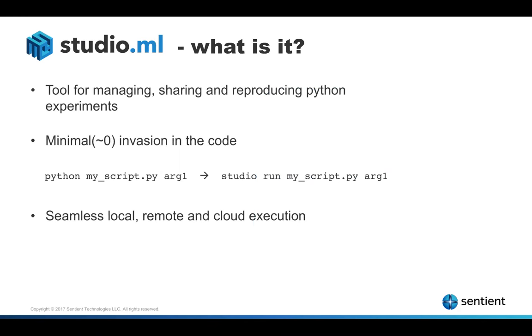So really, I'll be doing a live demo so you guys will see, but it should be as simple as, you know, you have a script, you run python myscript.py, you type in the arguments. All you have to do is change python to studio run. So you do studio run myscript.py, type in your arguments, and theoretically, Studio should be able to run your script and do all of the things that I promised.